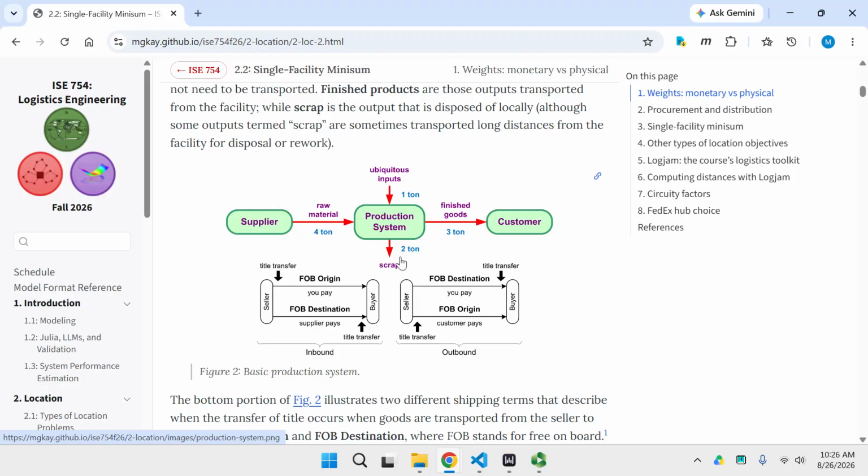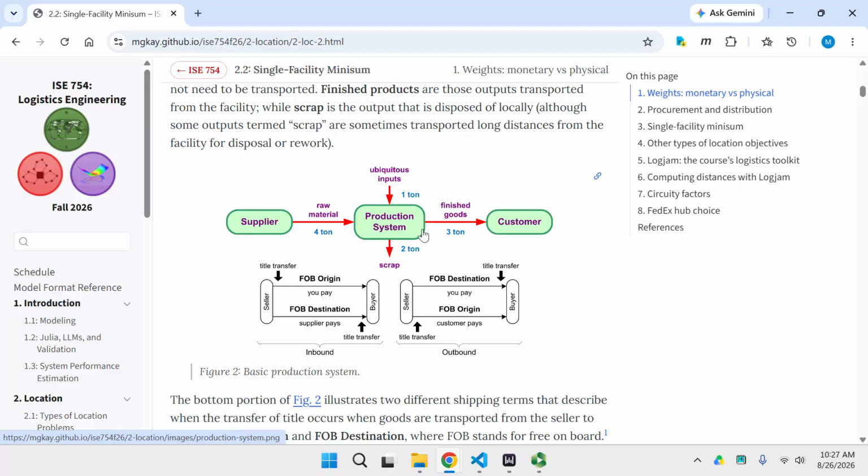Say it's a hazardous waste and we would need to transport it to a disposal facility, then that would actually be considered a second finished good that is produced by the production system. I guess we could call it a finished bad instead of a finished good, but we'd have to take the transport cost of the scrap into account.